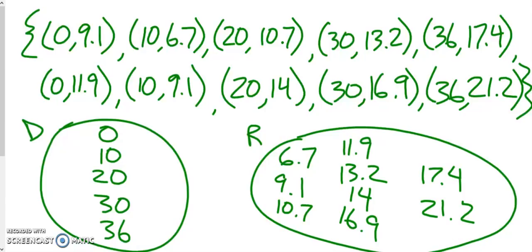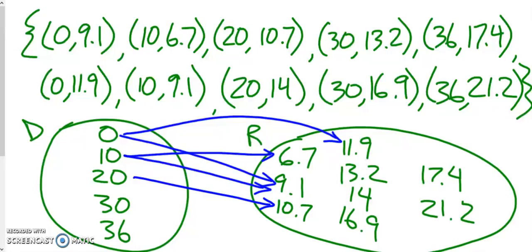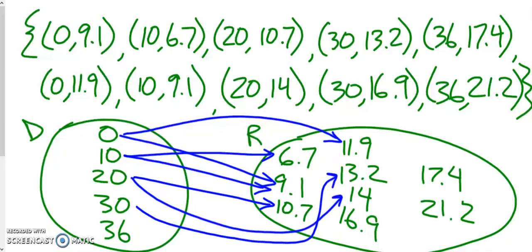So now all I have to do is take arrows from the domain elements and map them to places in the range. So 0 would map to 9.1 and 11.9. 10 would map to 6.7, and this is strictly coming from the ordered pairs, and 9.1 again. 20 goes to 10.7 and 14. 30 goes to 13.2 and 16.9.